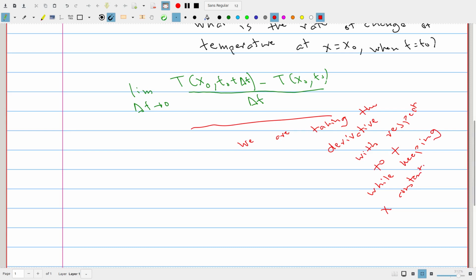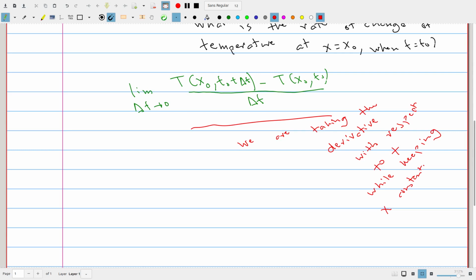X is a variable, right? But we're assuming that it's constant, and we're taking the derivative with respect to small t, with respect to time. So this motivates for us the definition of a partial derivative.